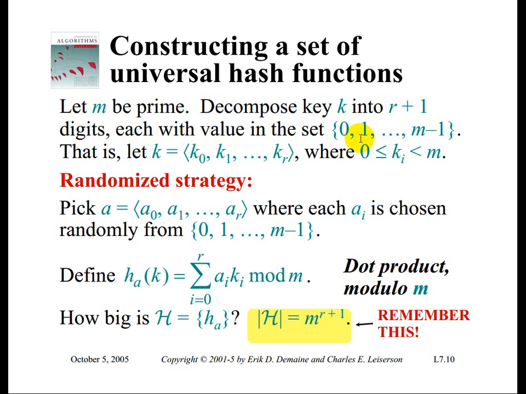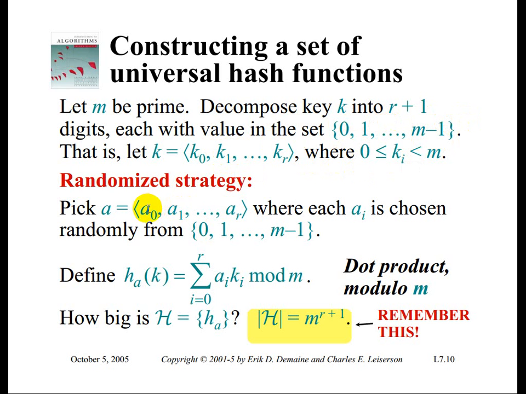So you're dividing this key by m every time, so that k is equal to k0 times m raised to 0 plus k1 times m raised to 1, you get the idea, plus kr times m raised to r.